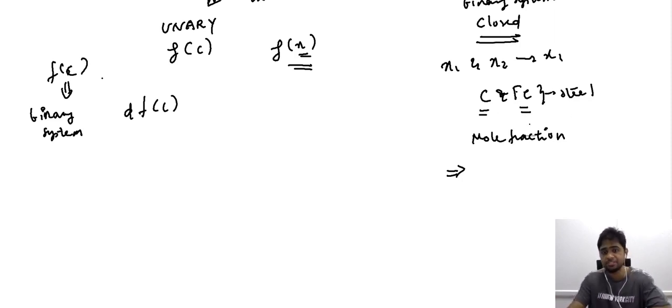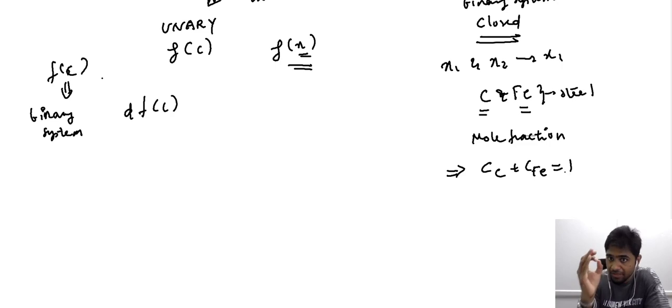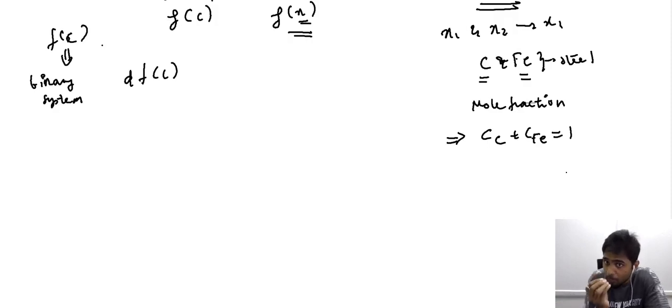Now when you express the concentration of this plain carbon steel, which comprises just carbon and iron and which is present in a closed system, in mole fraction, it is possible for us to express the combination of the concentration as this. So when you are able to express the concentration of a given closed system using mole fraction, then you will be able to relate the concentration of the components that are present in the system.